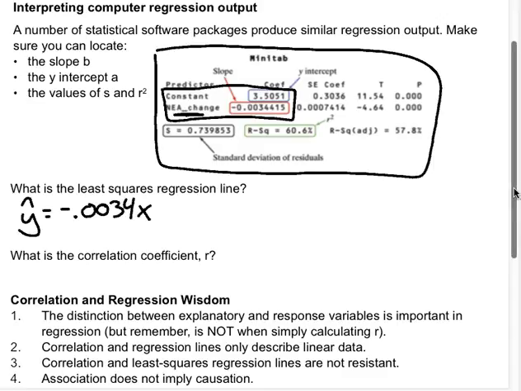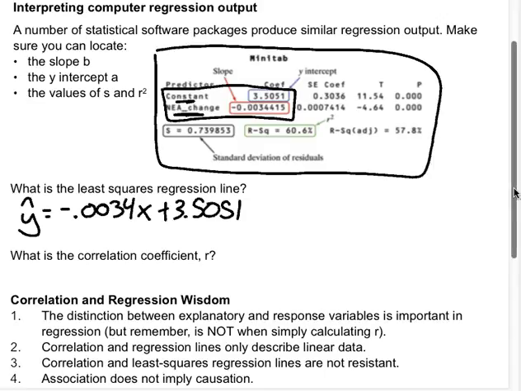All right. The constant, well, the constant is just the number that's by itself. All right. So those are two things that you have to make sure you can pick out of a Minitab output. Be able to pick out the slope and the y-intercept so you can write me the equation of the line. You should also be able to pick out r, okay?